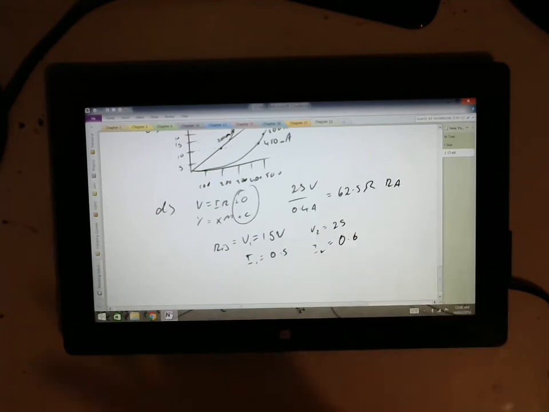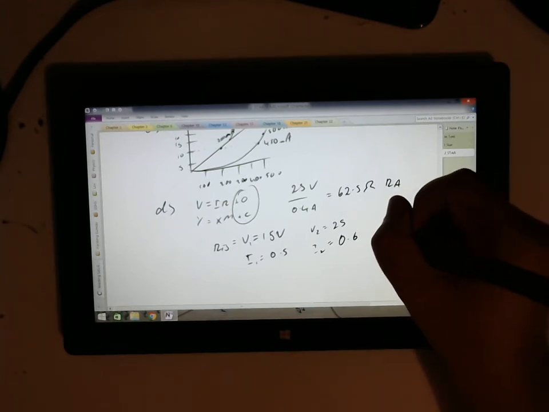Run it in SI units. So rise over run: for a rise of 10, we're going to divide it by 0.1. That's going to give us 100.